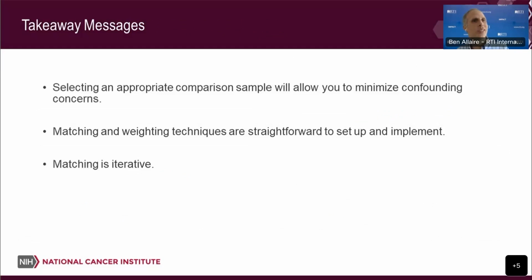Okay, what are our takeaway messages? First of all, selecting an appropriate comparison sample will allow you to minimize confounding concerns, and I do really feel like that's a good one. When you're starting your research question and you're considering what that is, you need to think about what confounding concerns might there be.